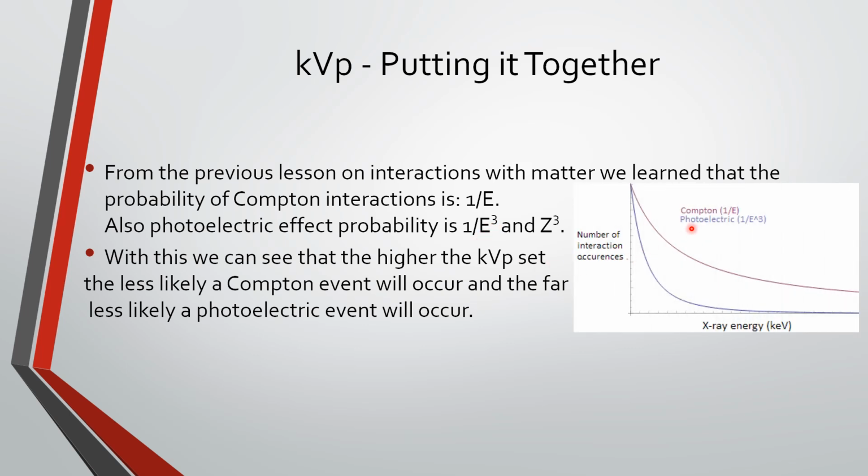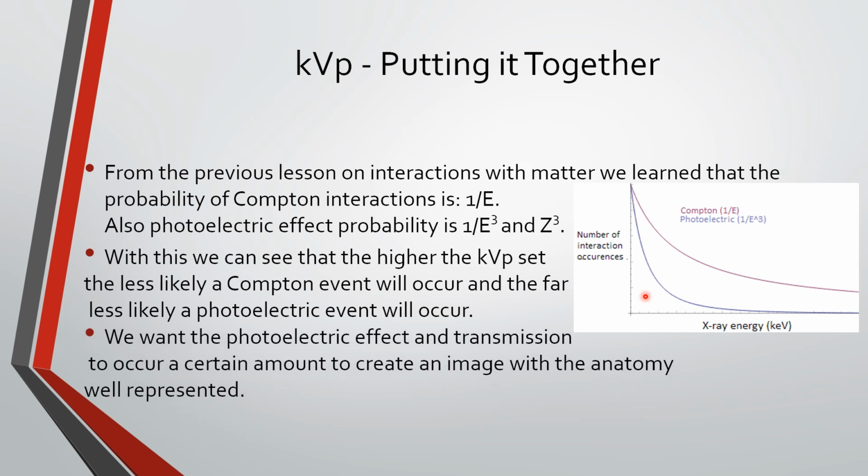And we can see that represented here with this graph, where Compton's represented in the purple. So it's 1 over E. And then the photoelectric effect is represented in the blue. So as the energy level gets higher, Compton occurs at a far greater amount compared to the photoelectric effect. It's occurring at a less amount, but it's greater compared to the photoelectric effect.